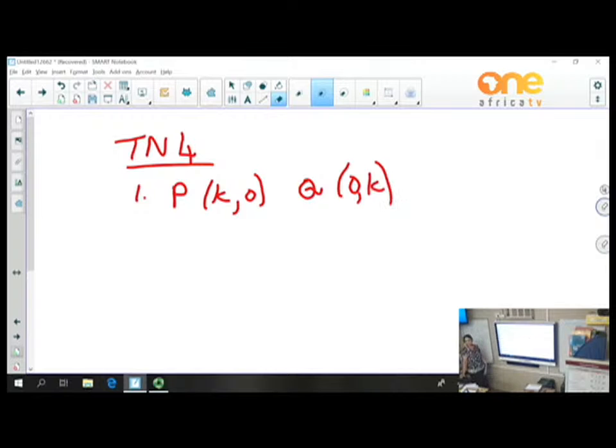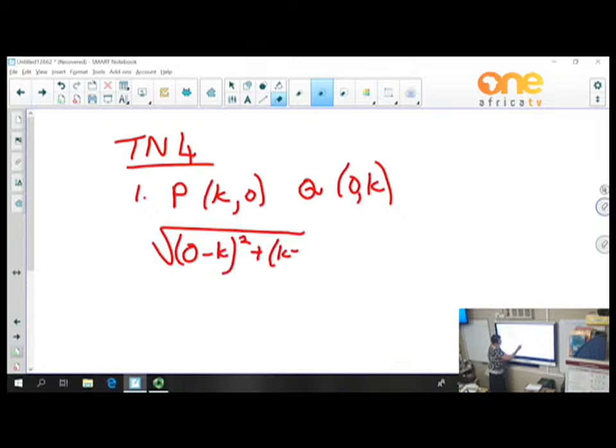So now they're asking this question another way, isn't it? But because it's the length, the distance, I will still use Pythagoras. So what does that mean? It means 0 minus K squared plus K minus 0 squared is equal to 10. So it's just another way of asking the same question.